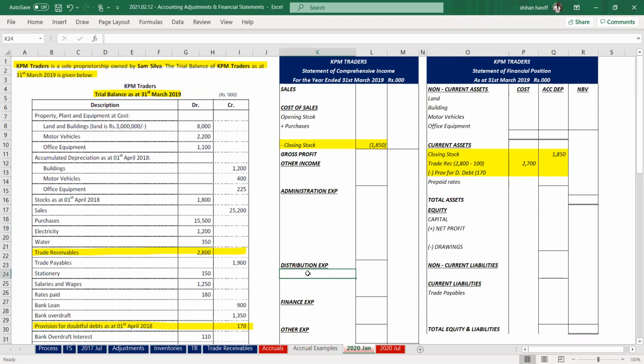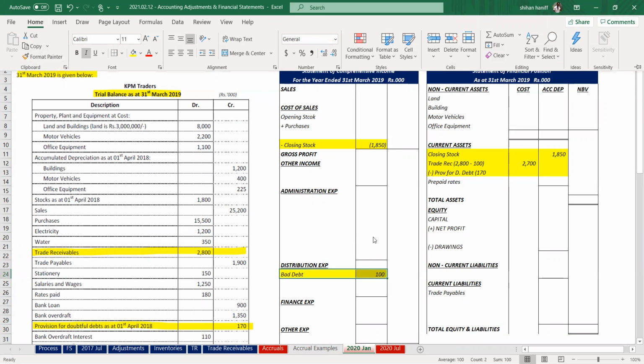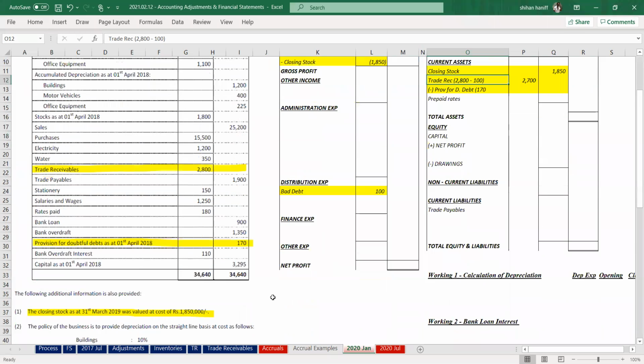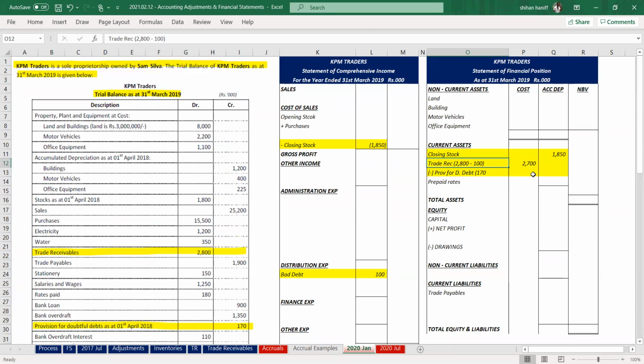That's a distribution expense. Bad debt is distribution expense 100,000. 100,000 write off. And from the remaining, doubtful debt is 10%. 10% means 270. So already 170 is provided. Therefore, another 100 should be provided as doubtful debt.